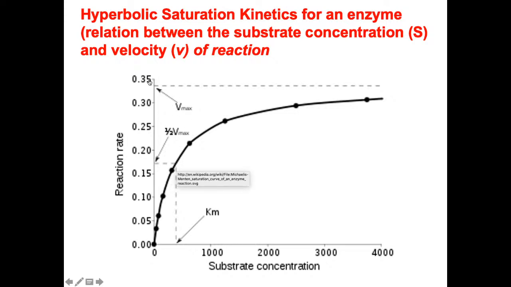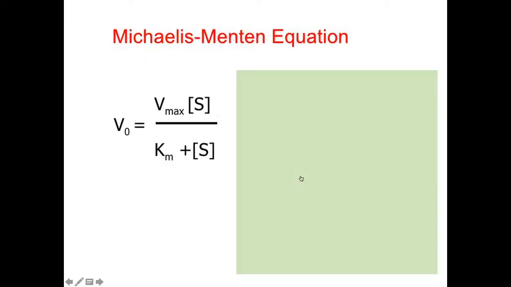It will approach the maximum reaction rate Vmax, but it will never reach the maximum. But the point where we get half Vmax corresponds to the Michaelis-Menten constant Km. In this way we calculate this value.